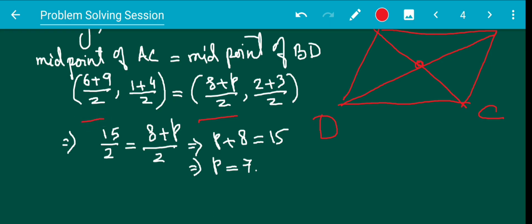On equating, we can see that the value of P is 7. So this is how you have to calculate any missing coordinates or missing parameter. Okay, so here also we have applied a geometric property of parallelogram, that is diagonals bisect each other. So the point of intersection is nothing but the midpoint of both the diagonals. So equating those two midpoints, we can find the required value.